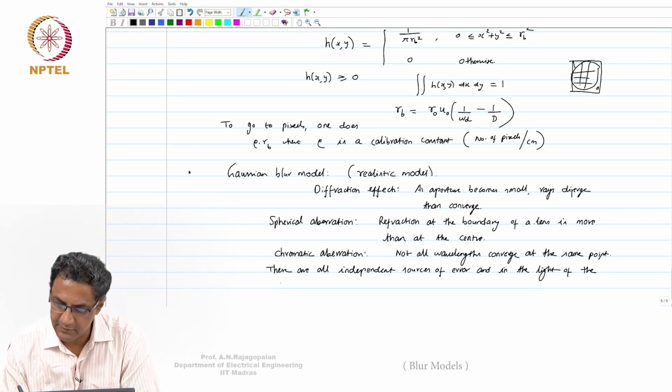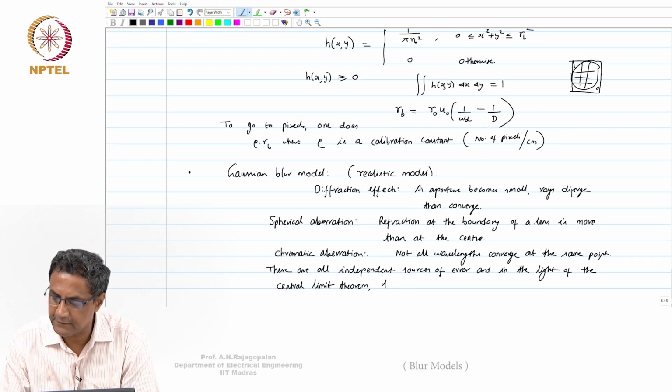In the light of the central limit theorem, which you know, the net effect of all these independent sources of error can be modeled as a Gaussian.